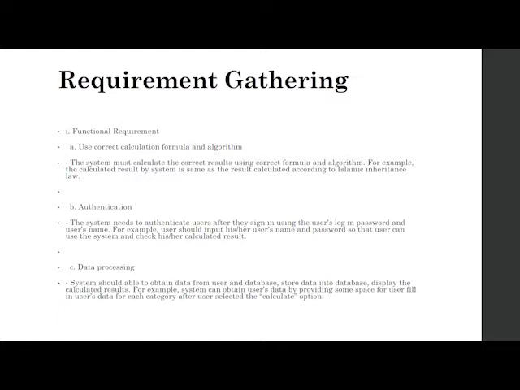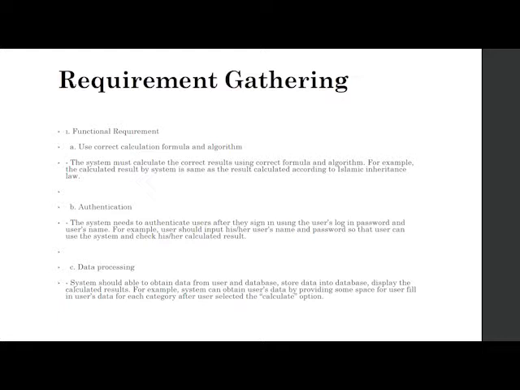The second one is authentication. The system needs to authenticate users after they sign in using the user's login password and user's name. For example, the user should input his or her user's name and password so that the user can use the system and check his or her calculated result.